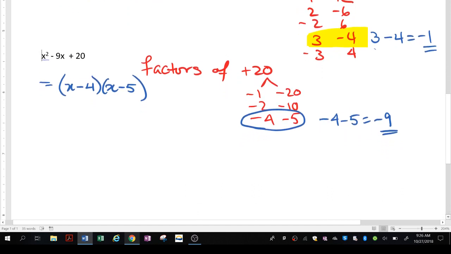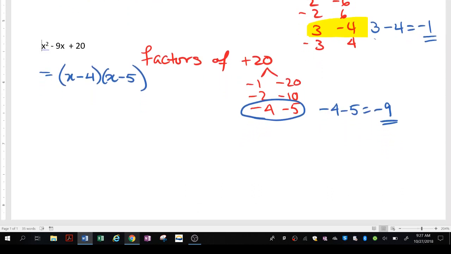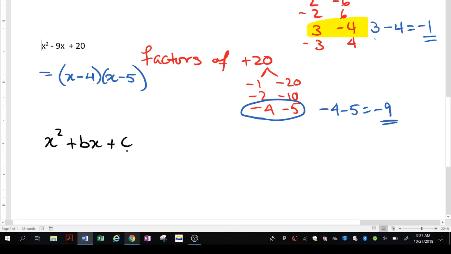Let's take a quick look in summary. If we have x squared plus bx plus c, then our factors m and n, in (x plus m)(x plus n), must both be positive. Those two numbers have to both be positive.